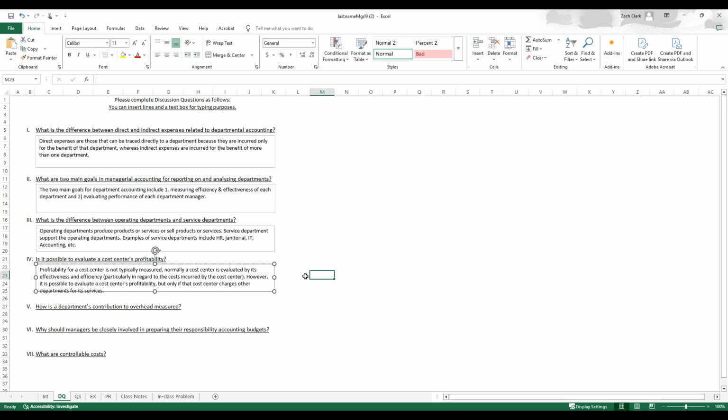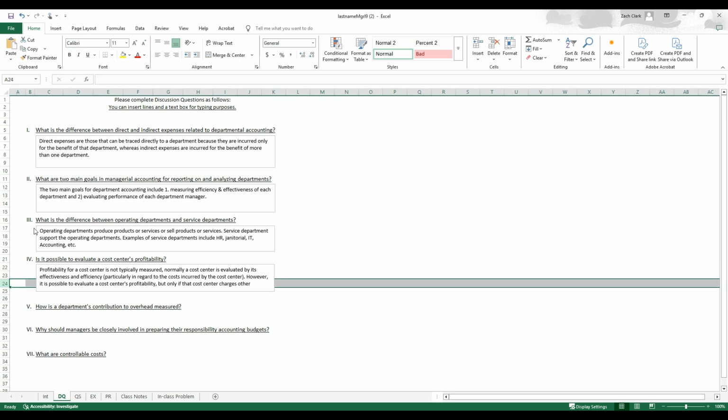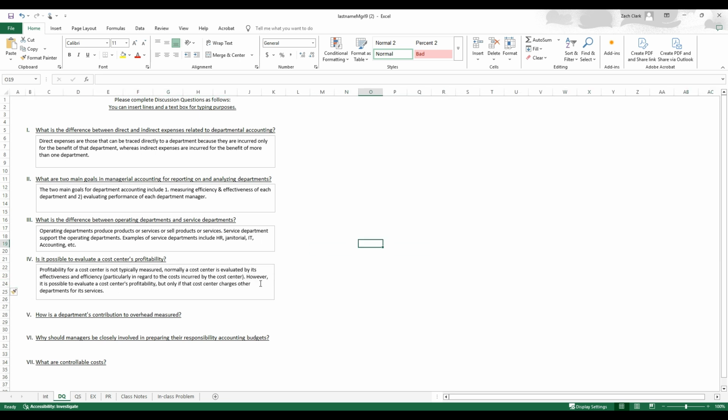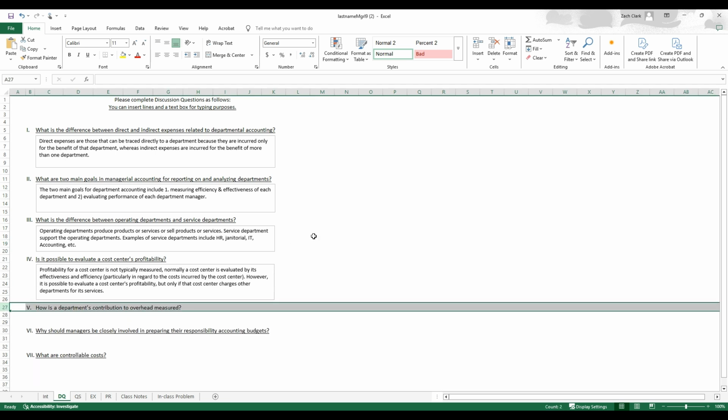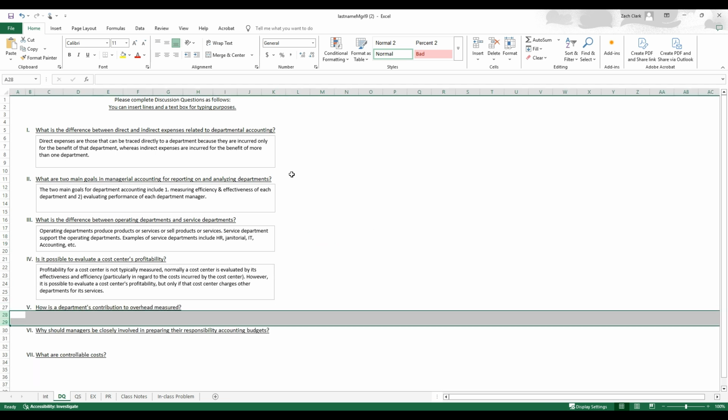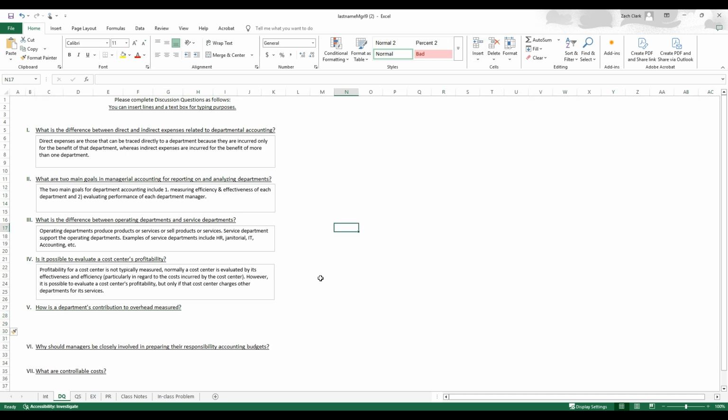So that's really outside of the norm of what we've been talking about in this chapter. But that is a possibility of implementing a method where there can sort of be a profit. It's like the profit is generated by the operating departments, right, that are selling services or products.